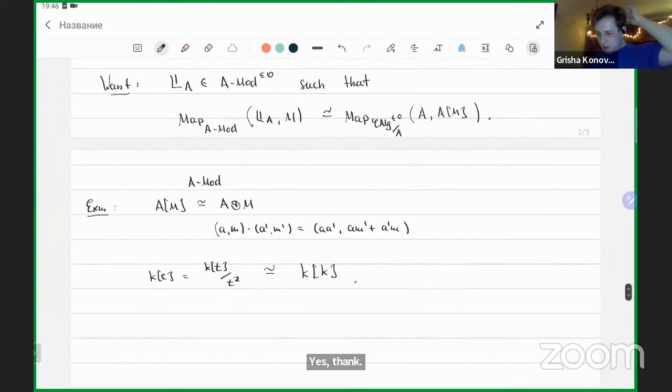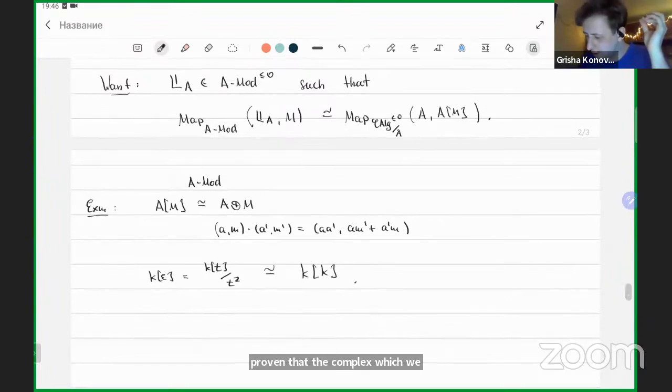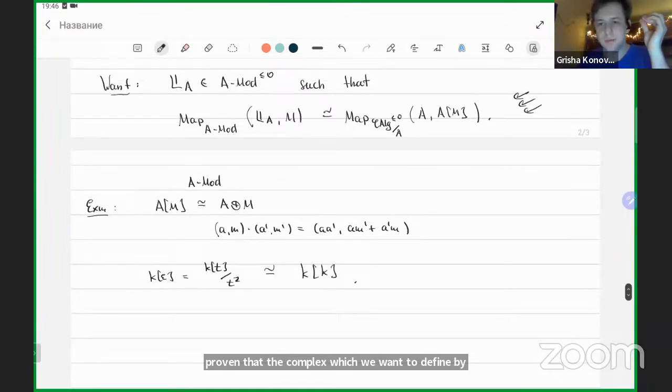So let me repeat that I am going to spend some time proving that the cotangent complex, which we want to define by this universal property, exists.